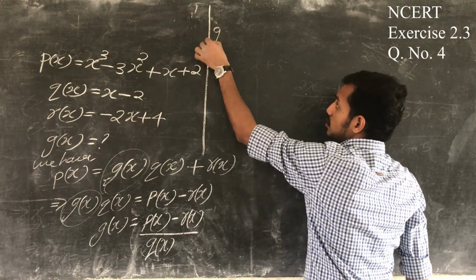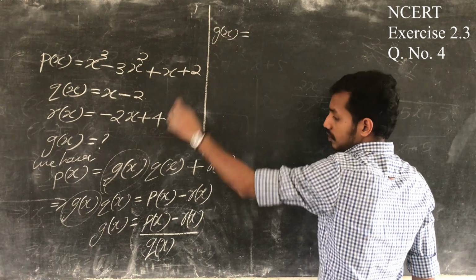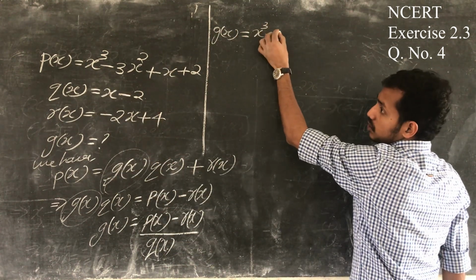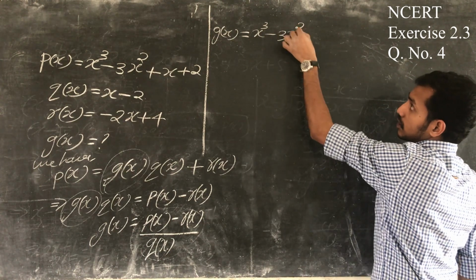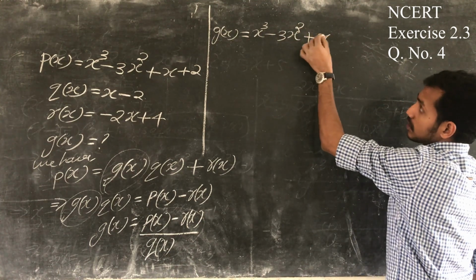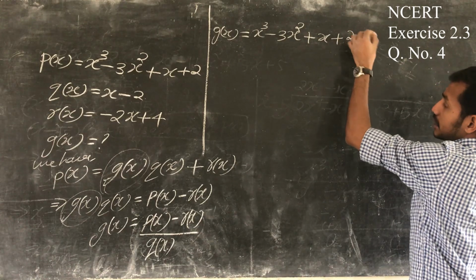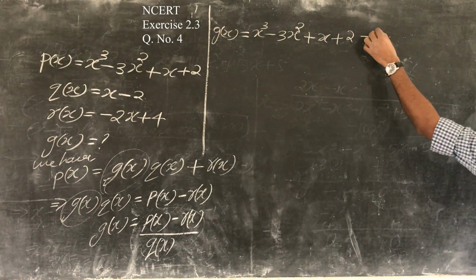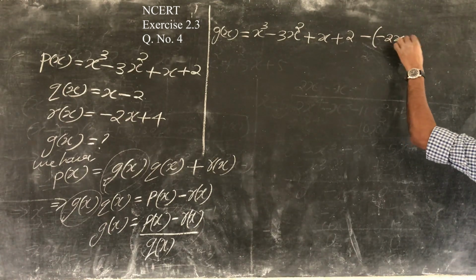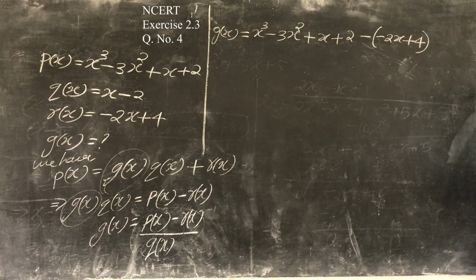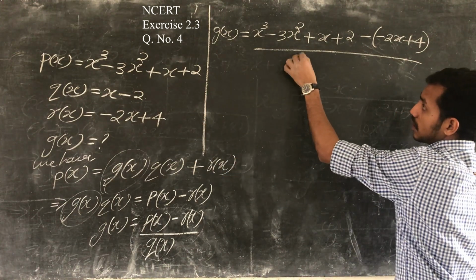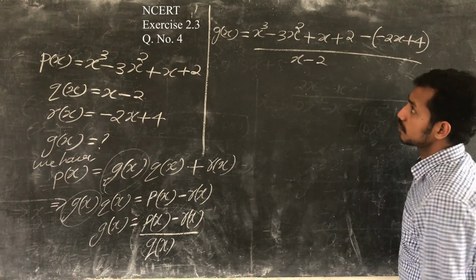What will we get? g of x is equal to, what is p of x? x cube minus 3x square plus x plus 2 minus, what is r of x? r of x is minus 2x plus 4, divided by, what is q of x? x minus 2.